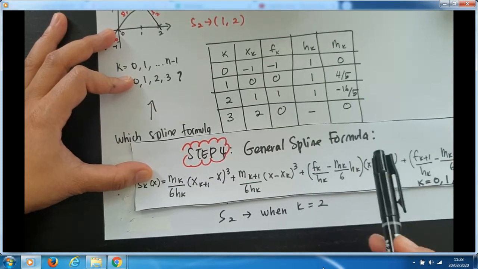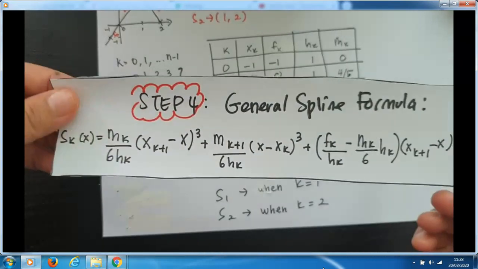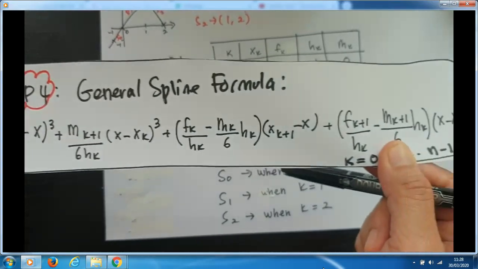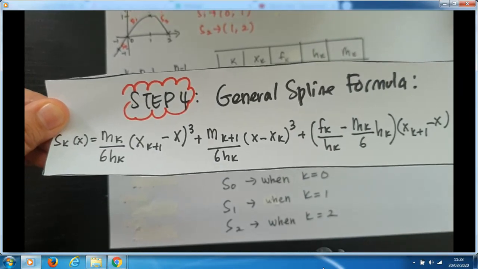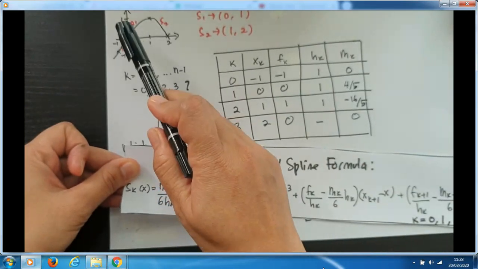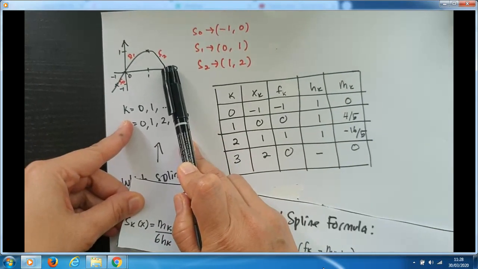Right? So saya akan tunjukkan step by step untuk calculation-nya. So secara asasnya, this is the general formula yang you kena guna untuk create you punya equation for each spline, S0, S1 and S2. Right?